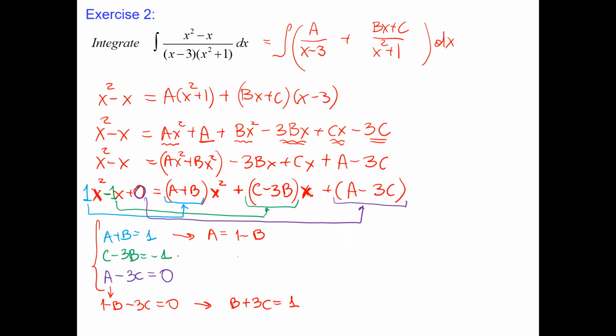And I can copy this one, negative 3B plus C equals -1, because then at least I create 2 equations with 2 unknowns. I can copy this equation, -3B plus C equals -1, and I can multiply the other by -3.